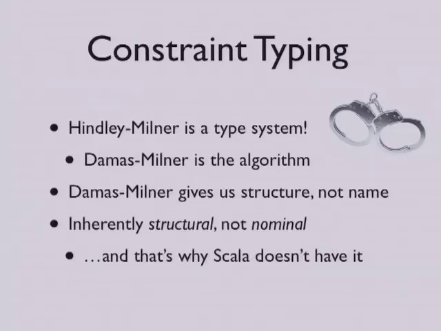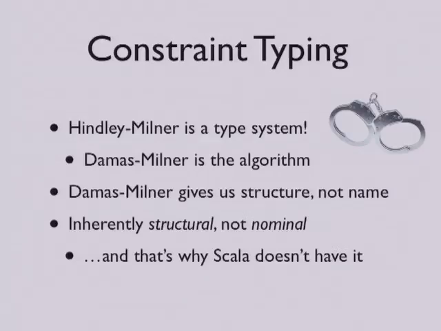So any type system which uses Damas-Milner inference, any type system which tries to do non-local type inference, anything larger than the scope of a declaration, any such type system will end up being structural. You are going to have structural features because just by definition, Damas-Milner doesn't care what the name is. All it gives you is the structure.